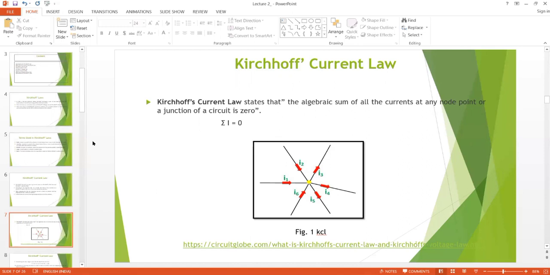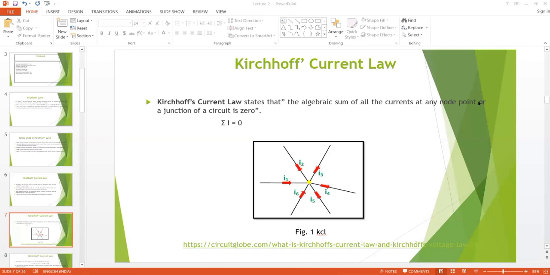That means over here he is saying node and junction. So you have to be very clear what is node and what is junction. So that's why I told you in the start that every node will have a junction, but every junction will not necessarily have a node.